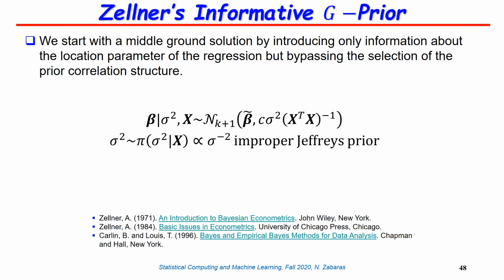Regretfully, when we use all of these prior models in practice, we notice, for example, that with Zellner's informative G prior, even when we push C to very high values, there was still an effect on the predictions, particularly on the bias term, both mean and variance, but also on the noise sigma squared. So even when you push this model to the uninformative limit, it was still an informative prior model, so it will not be appropriate when we don't have any prior knowledge to base upon.